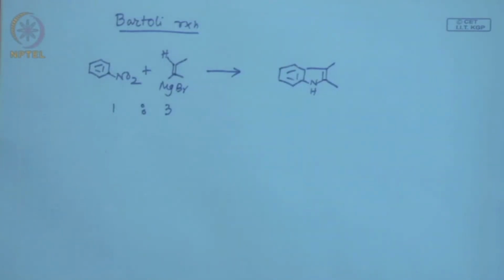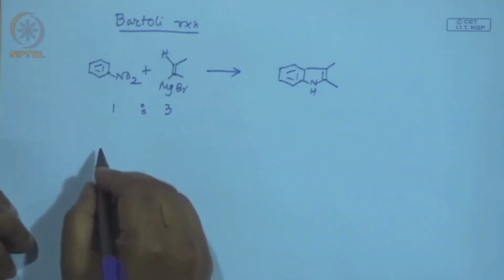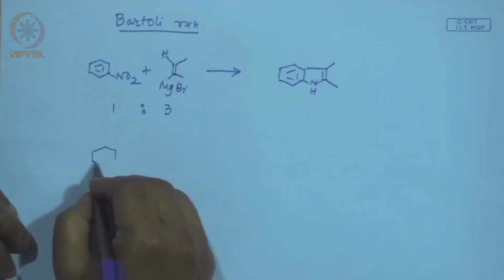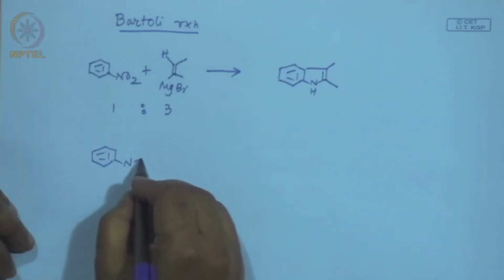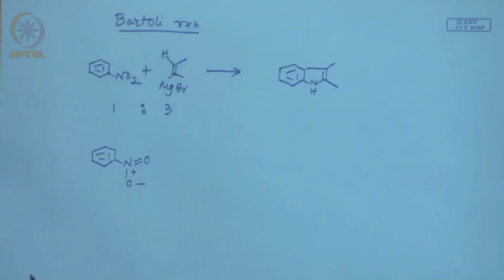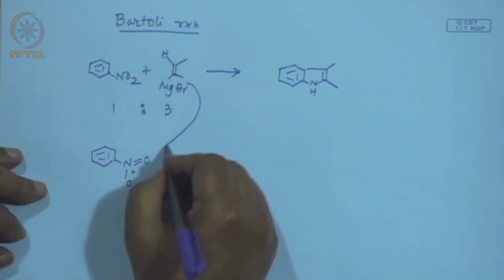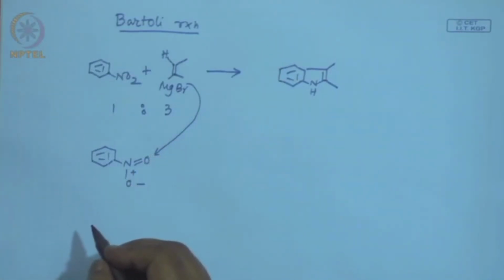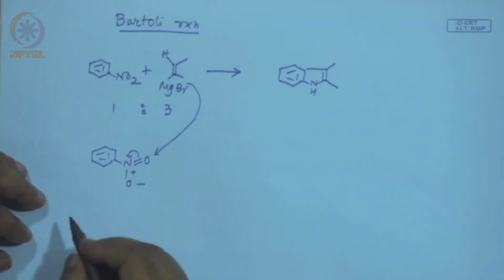What is the mechanism? Mechanistically, there are 3 different steps. The first step is a kind of unique reaction that we often do not expect. If you look at this nitrobenzene structure, the vinyl magnesium adds to the oxygen and the nitrogen charge is neutralized.